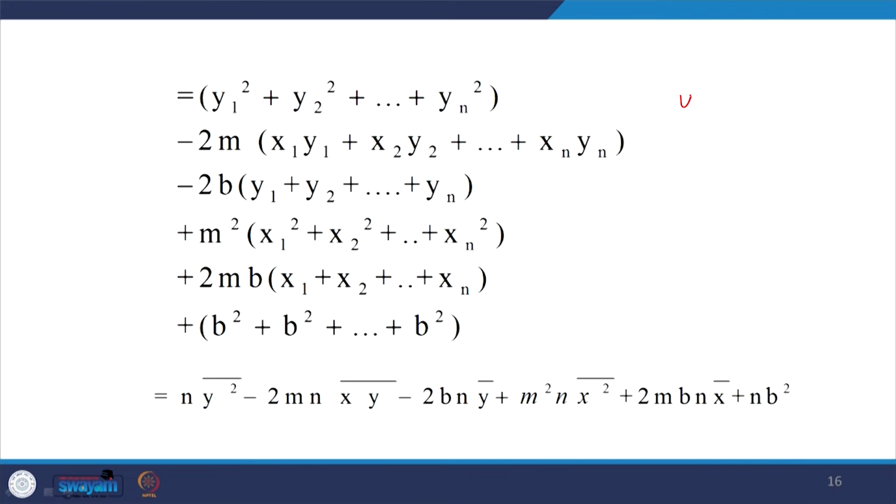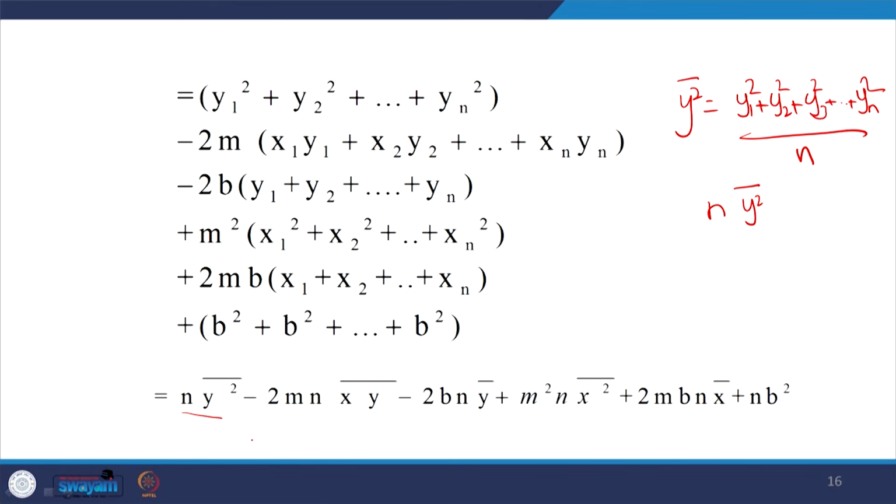So y square bar is nothing but y1 square plus y2 square plus y3 square up to yn square divided by n. So now this y1 square, y2 square and yn square can be replaced by n multiplied by y square bar. That is why I wrote n y square bar.